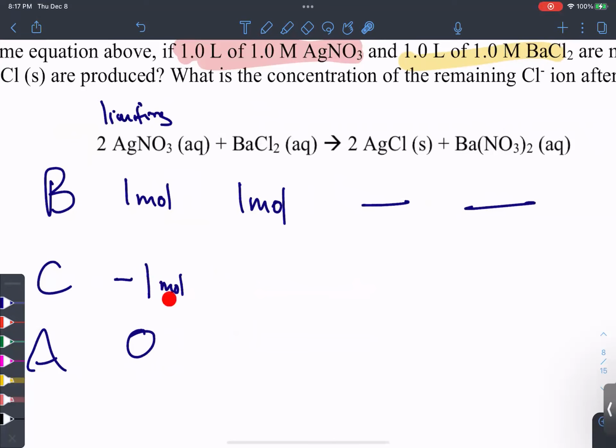If I consume 1 mole of silver nitrate, how much barium chloride do I also consume? Half a mole, and it's consuming, so it's minus. If I consume a whole mole of silver nitrate, how much silver chloride do I get? +1. How much barium nitrate do I get? Half.